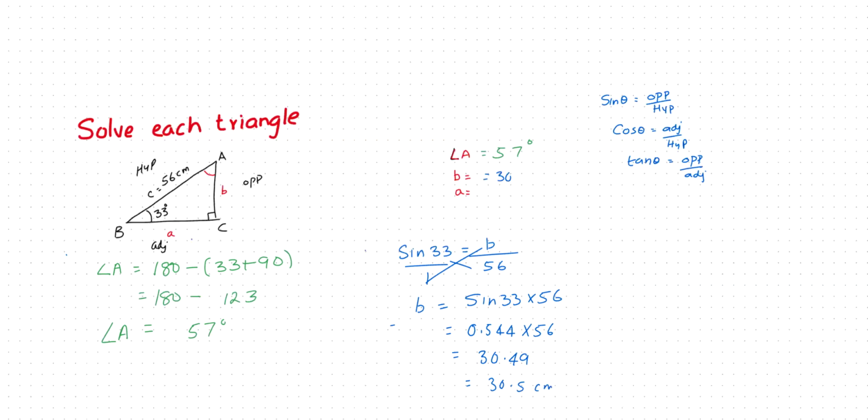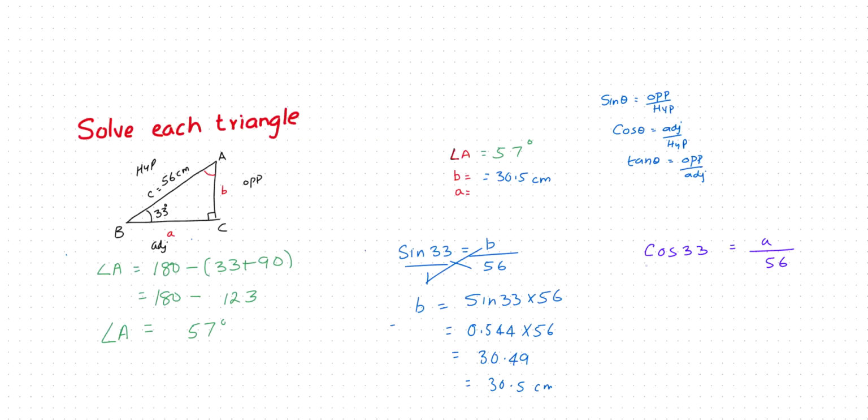Now we have to find side A. So for this angle 33, side A is called adjacent and we know the hypotenuse. So for adjacent and hypotenuse, what ratio can we use? Adjacent over hypotenuse is cosine. So cos 33 equals adjacent is A and hypotenuse is 56. So we cross multiply.